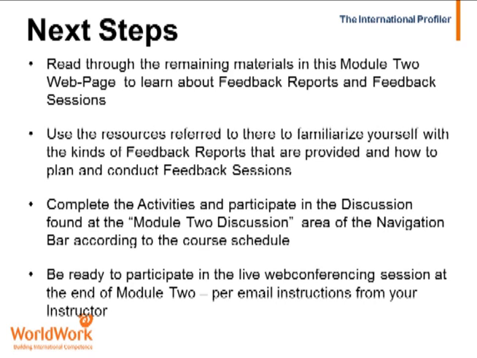You then should complete the activities and participate in the discussions found at the Module 2 discussion area of the navigation bar. And you were provided with a course schedule, so you'll know when you have to complete those activities. You'll find some interesting things there, I believe.